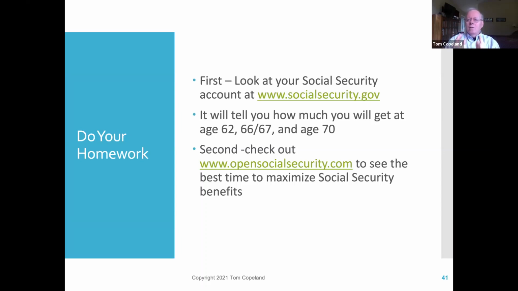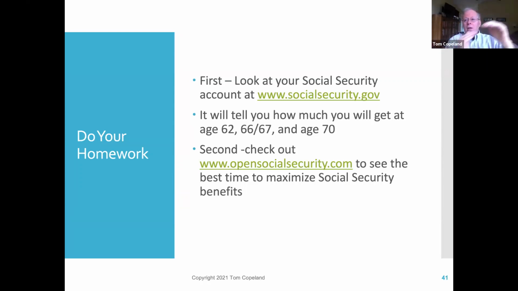It will tell you how much you can expect to get from Social Security at age 62, your full retirement age, and age 70. These numbers are based on the assumption that the amount of money you earned last year will be the same amount each year until you reach age 62, your full retirement age, and age 70.